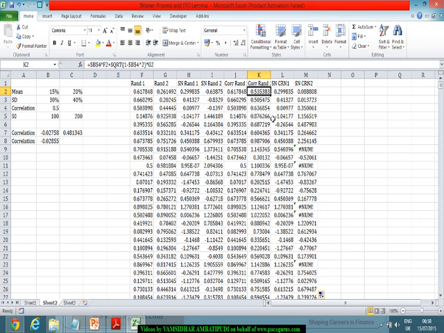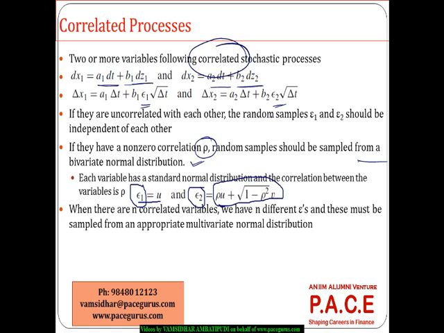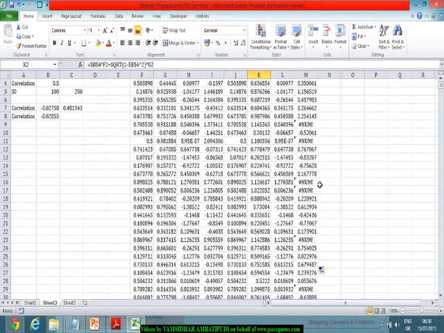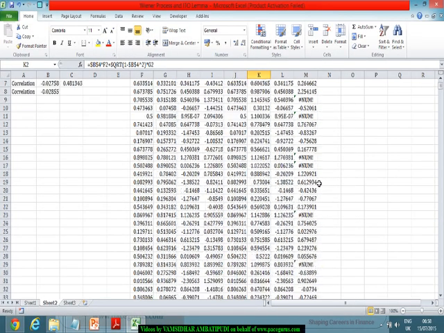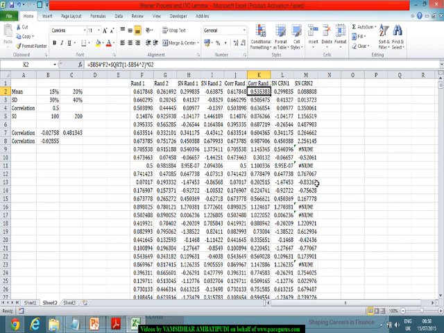This is the random number, square root of rho times nu plus square root of 1 minus rho squared. So probably whichever are non-operational, we have to take them out. And after that, we may end up finding the correlation. When I'm looking at the correlation between these two random numbers, it is coming out close to 0.48.